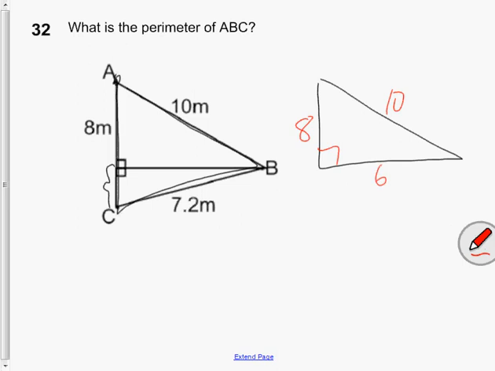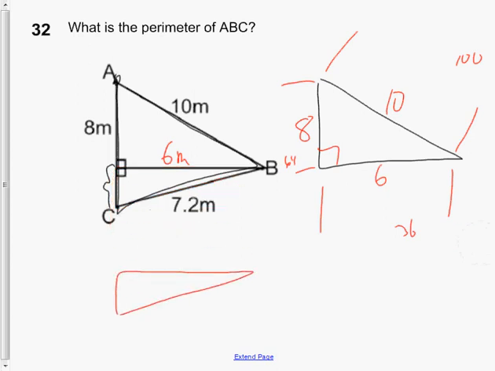So if I work out all of the details, I'll find out that this leg here is 6 because this is 64 and this is 100. 64 plus 36 gives 100, so therefore the length of that would be 6 meters. And now that I have that, I can pull out another right triangle. This is x, this is 6, and this is 7.2.